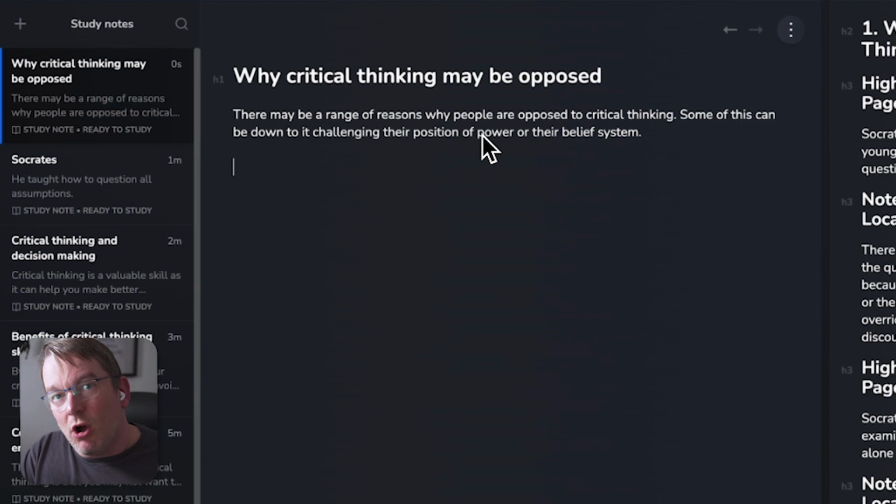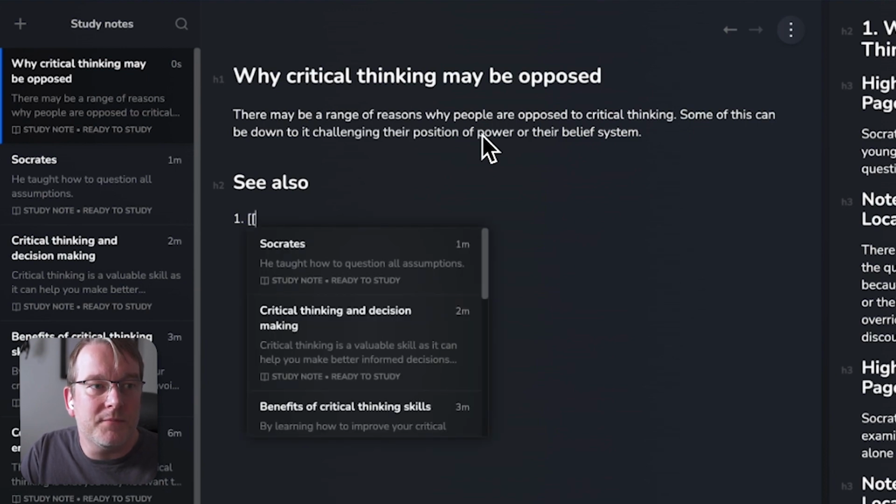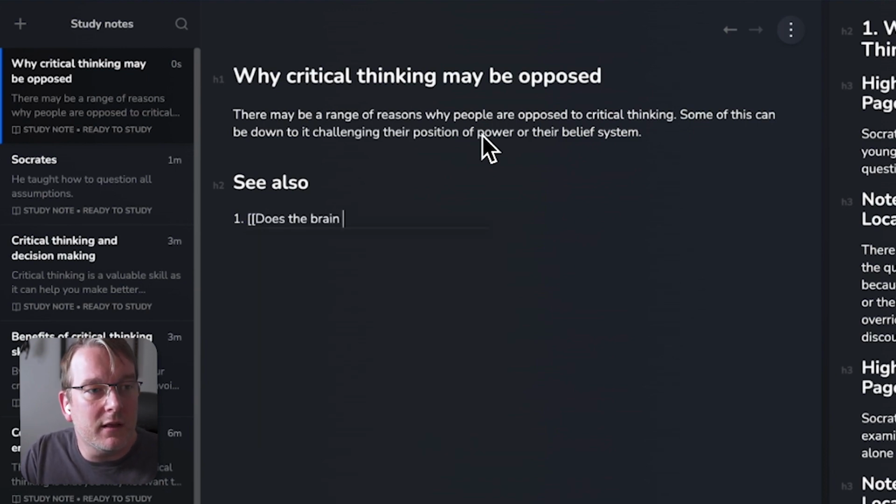If I were to bring in some psychology here, it may actually result in them not realizing that they're being adverse to it, because their brain is protecting them in some way. So what I want to do here is see also. I've got this thought. I don't have enough information to give the context around that, to give the solid evidence to that, but I will create a question, and it will be, does the brain protect itself by finding ways to oppose critical thinking?